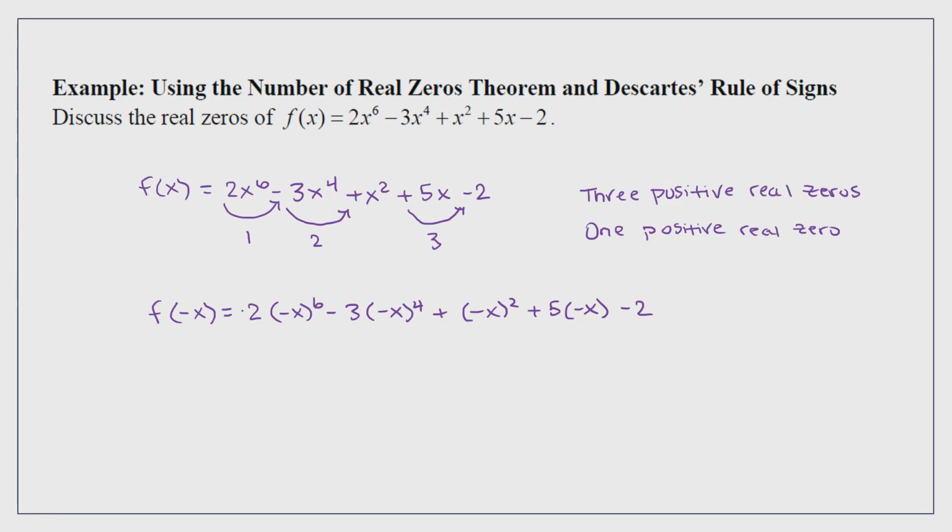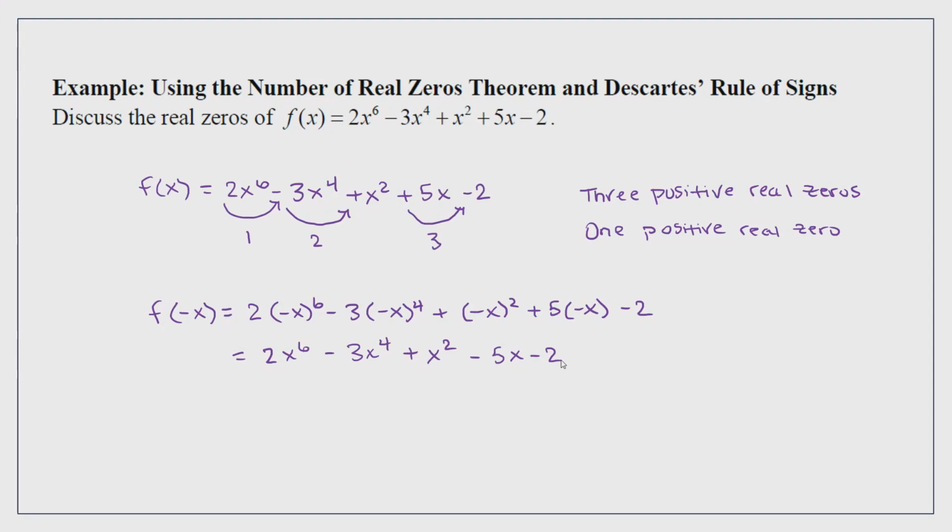So my first term here will remain 2x to the 6. My second term will be 3x to the 4th. My third term will be x squared. My fourth term would be negative 5x and then negative 2. So the only term that changed was the 5x to the negative 5x.